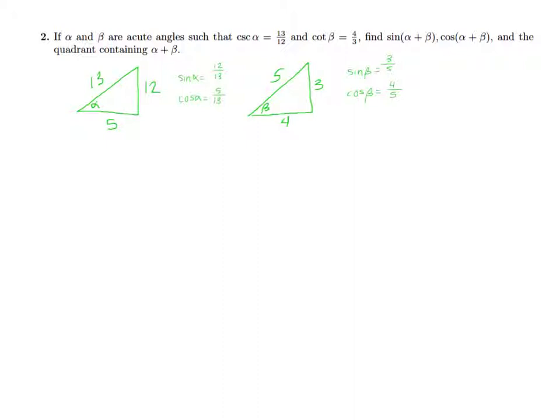So now the first question is find the sine of alpha plus beta. That's one of your formulas, so it's sine of alpha cosine beta plus cosine alpha, sine of beta.